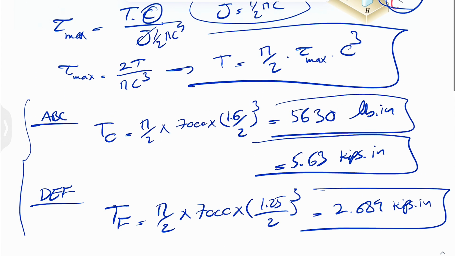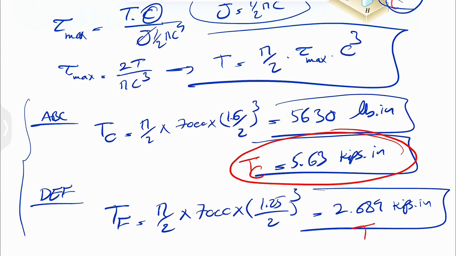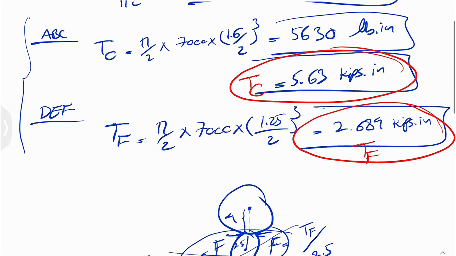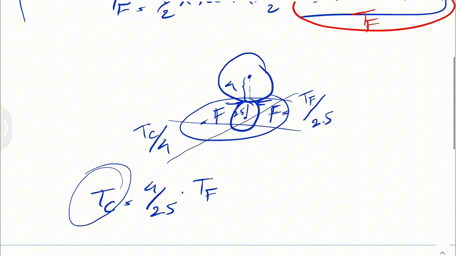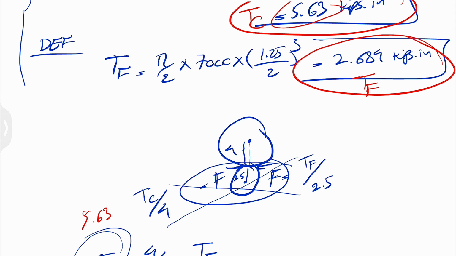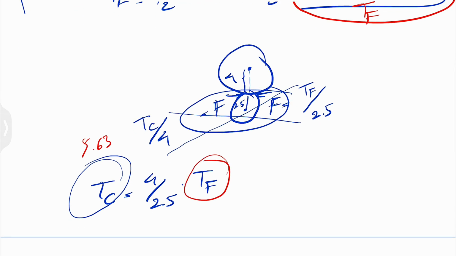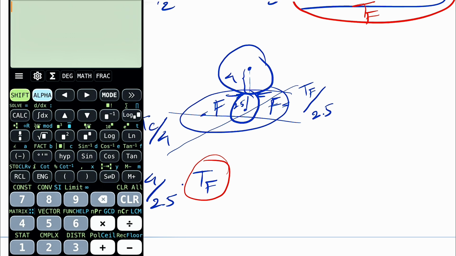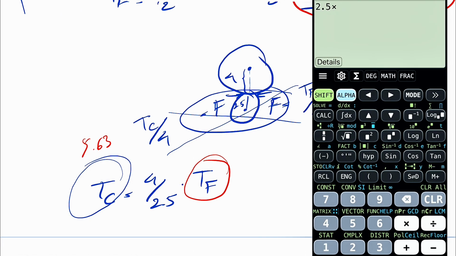So what we found so far is the TC here, this value, and we found TF, what we have in here. If we go with the TC that we have here and plug it in, let's say we have 5.63, the TF that we're going to get is going to be 2.5 times 5.63 divided by 4.